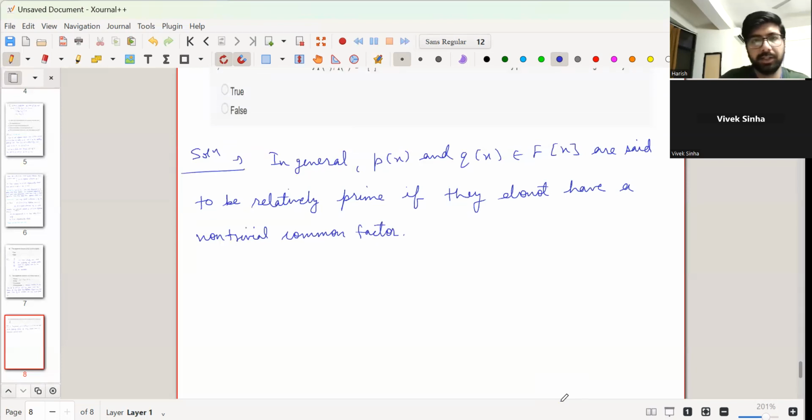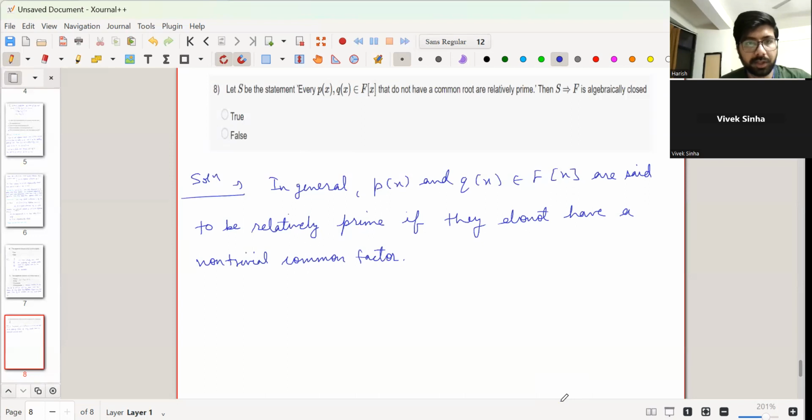But here it is saying, statement S is saying that they are relatively prime if they don't have a common root, meaning their GCD splits into linear factors. And so you can determine whether two polynomials are relatively prime or not by just looking at their roots. And you can do that when the polynomial splits into linear factors, right?